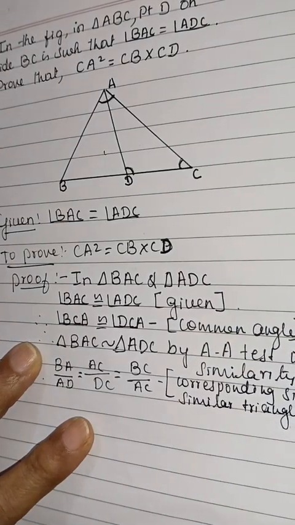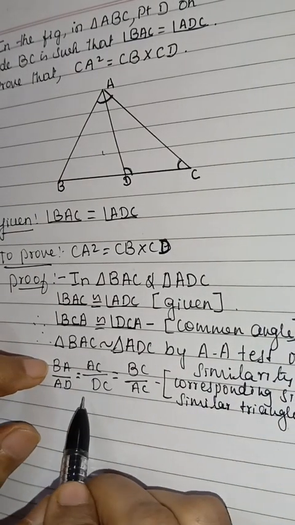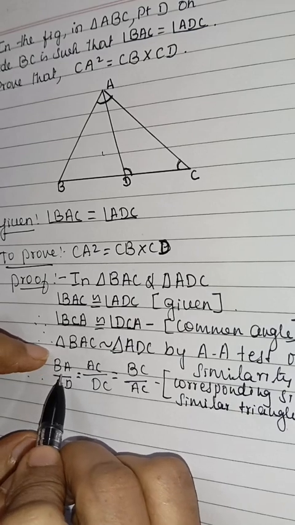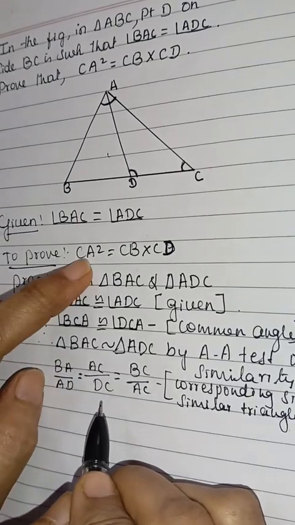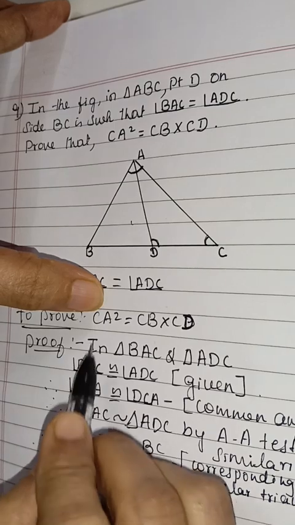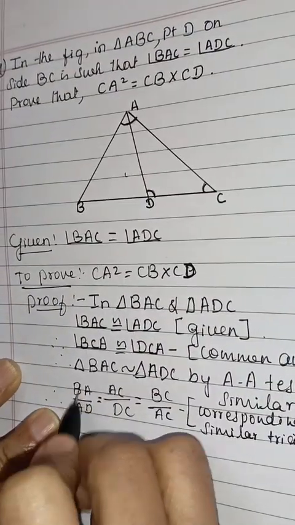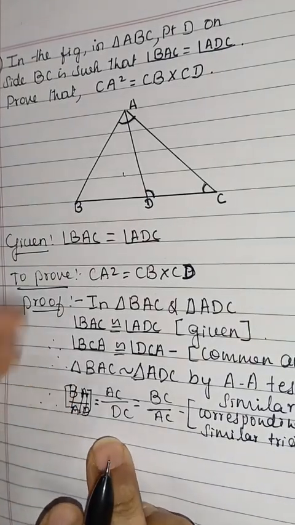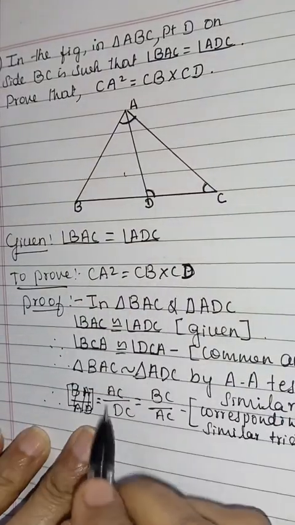Now, we'll write AC square. This is what we have to write. To prove CA square; now here it is AC square, we can write it that way, CA square. AC or CA are the same, no? While writing proportion, we have to write the corresponding sides, and at the end we have to write according to what we have to prove.